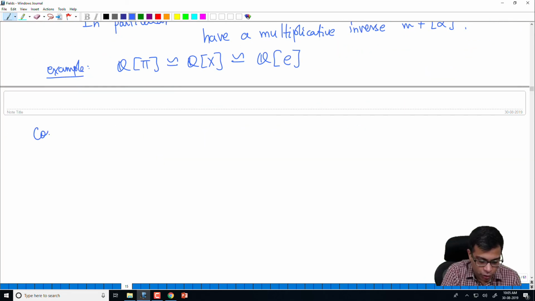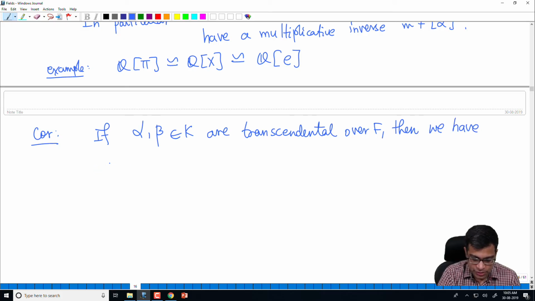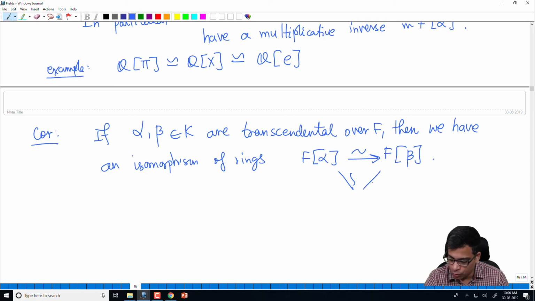So here we have an important corollary: if alpha and beta are both in K and are transcendental over F, then we have an isomorphism of rings from F[alpha] to F[beta], because they are both individually isomorphic to F[x].